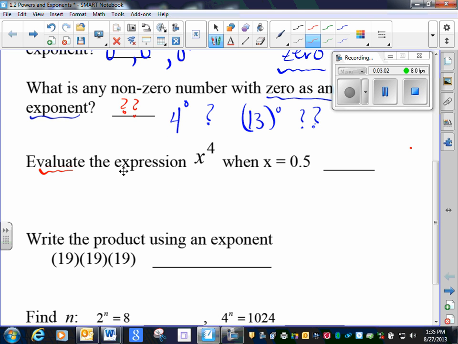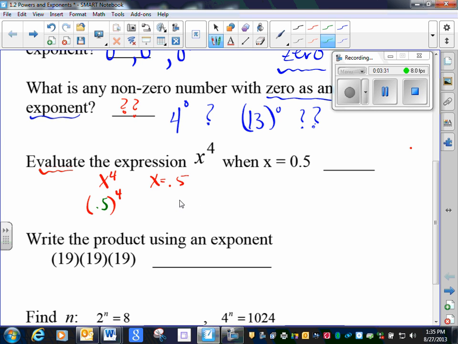So we would plug it in if our problem was x to the 4th, when x is equal to 0.5, not 0.05, sorry, 0.5. If we plug in for x, we make a shell. We put our exponent up here, 4, and then I'm going to plop 0.5 or 1/2 in there.